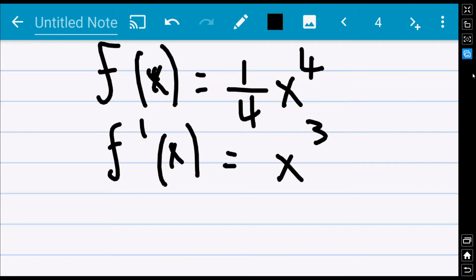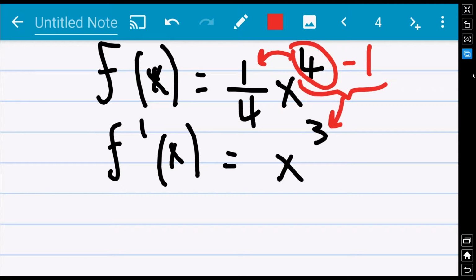How did this happen? Well, this 4 came here, multiplied, then I subtracted 1 from the exponent. So this 3 is this, and the coefficient is actually a 1 because it's 4 over 4, which is 1.